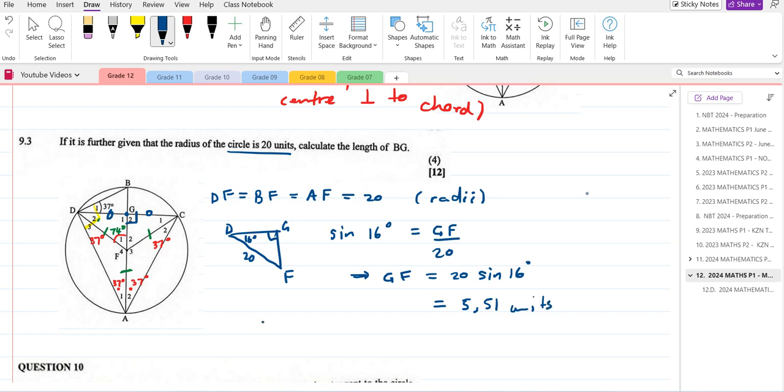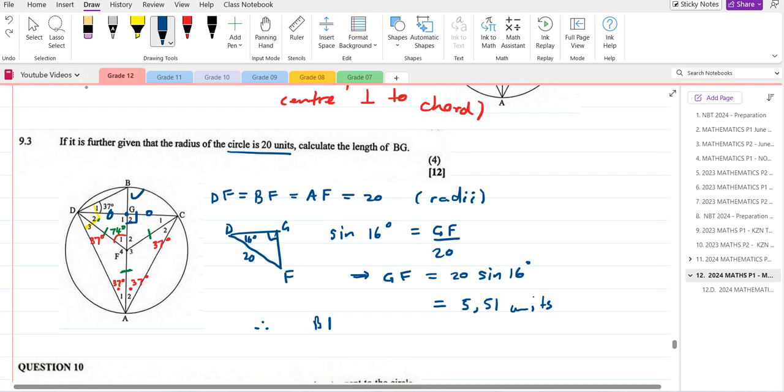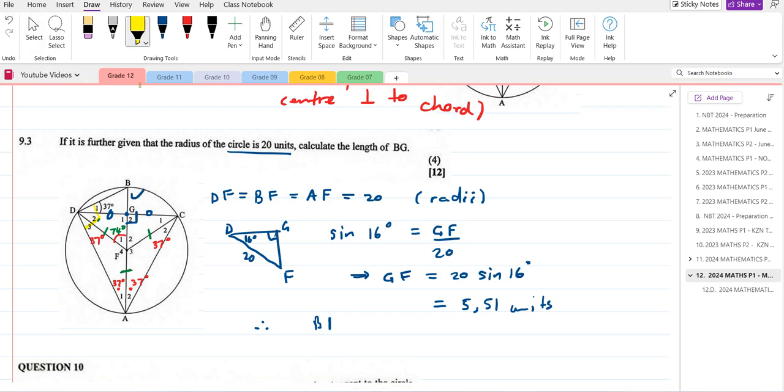So therefore, the entire BF is, remember I just found GF now. So therefore BF, no, they wanted BG. So we got BG now, because the entire distance BF is the radius, and the radius is basically 20.